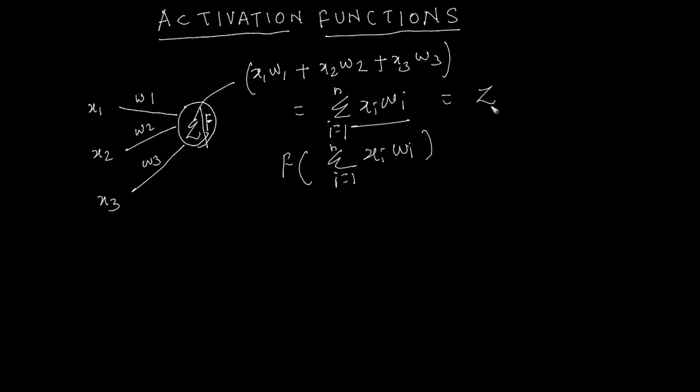So I write f of z. Applying this function on z gives us the output of this neuron, O. So O is equal to f of z. This function f, which is there in this neuron, is called the activation function.